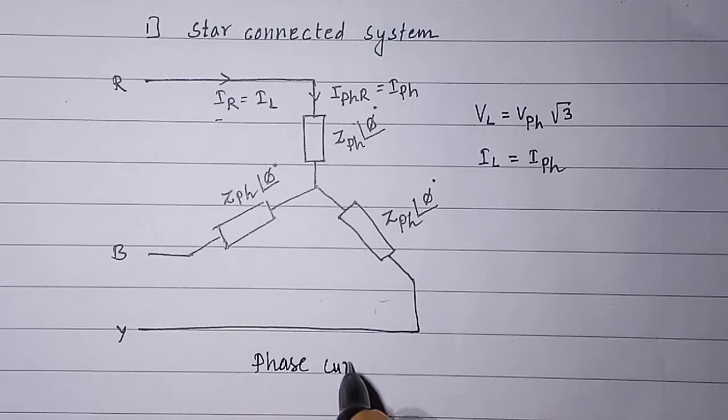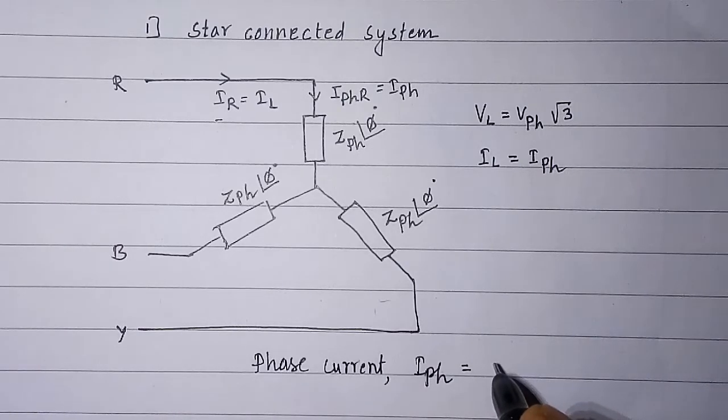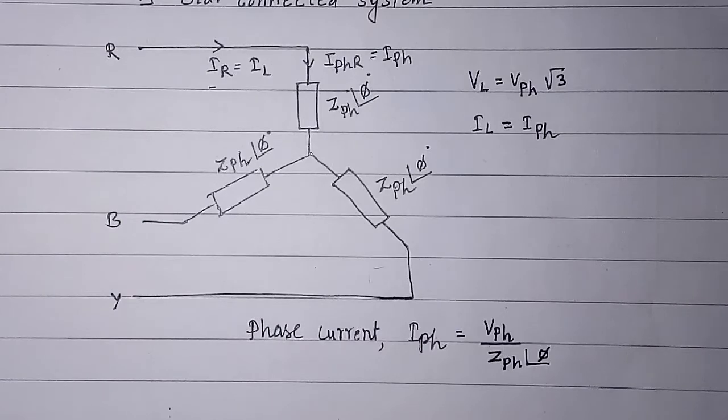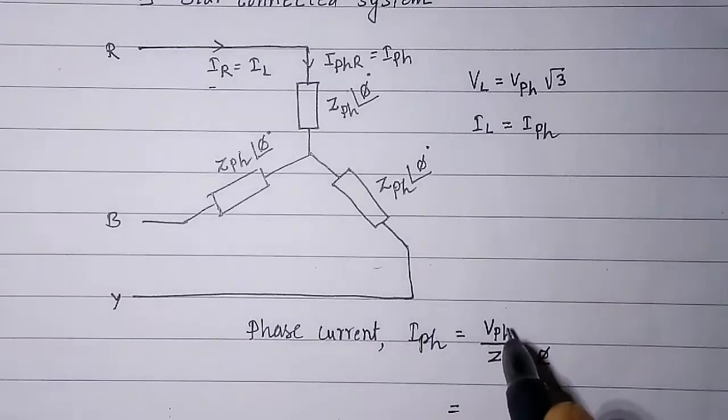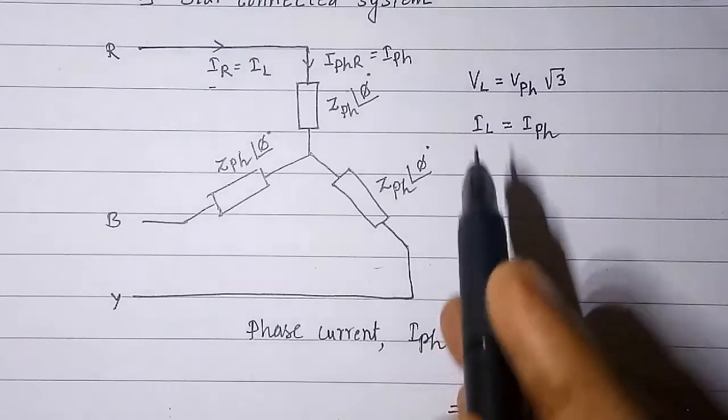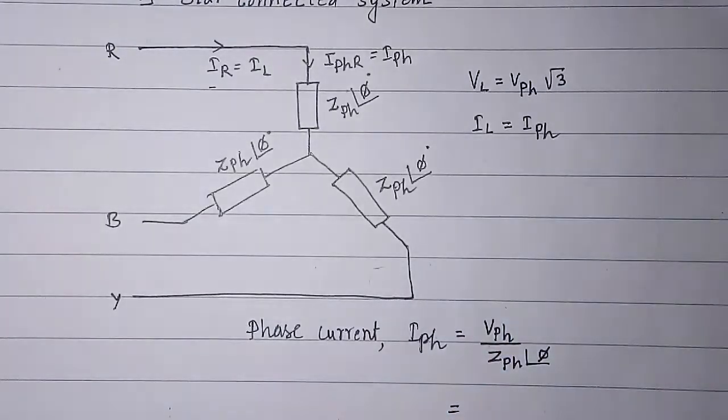Phase current IPH is equal to phase voltage VPH by ZPH at an angle of phi, but VPH is equal to line voltage divided by root 3.